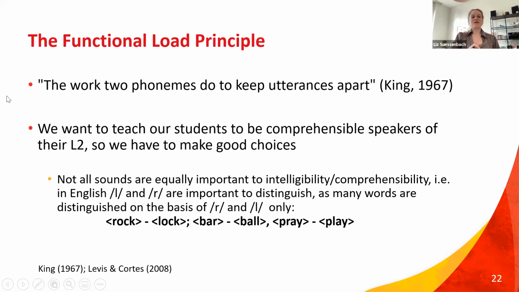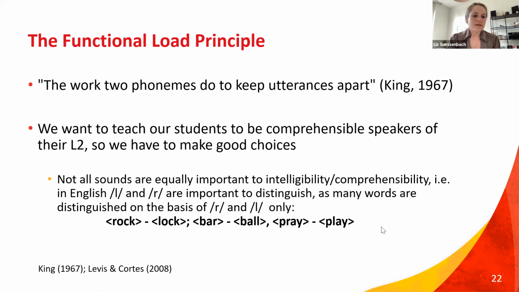Moving on to the functional load principle, and this is quite important here because we may actually realize that not all sounds matter equally to us when it comes to understanding an utterance. So that means somebody can still have an accent, right? And it can still be comprehensible. And that means it depends on what the mispronunciations are.